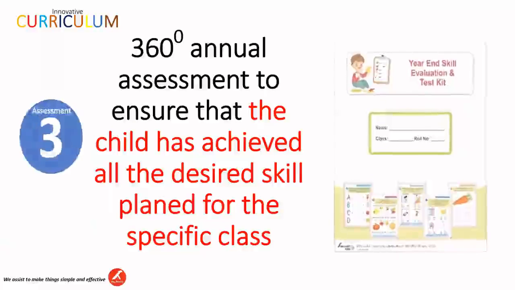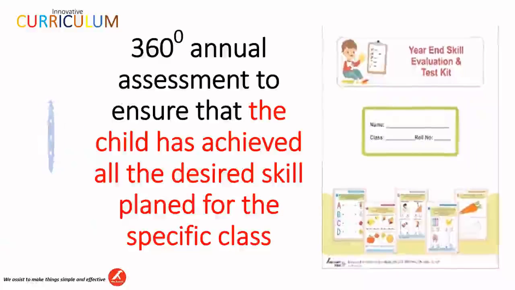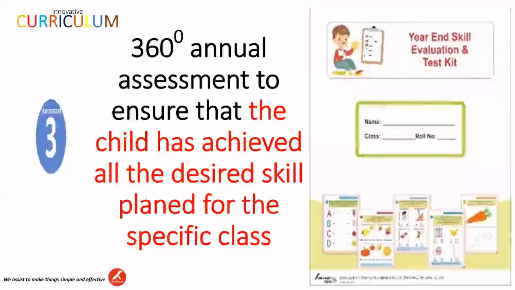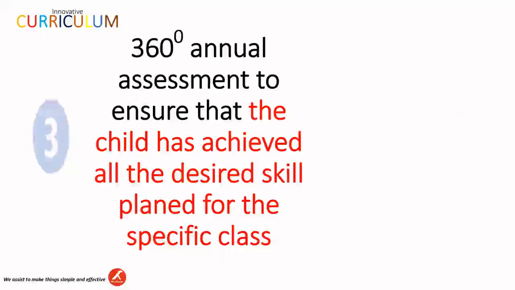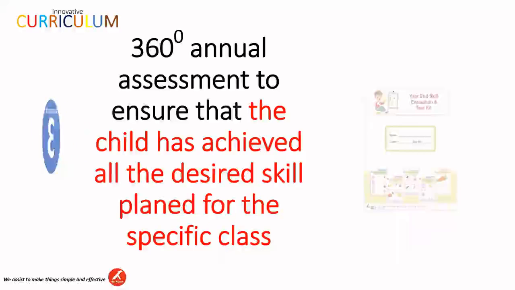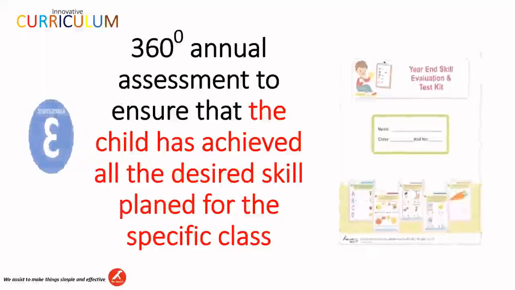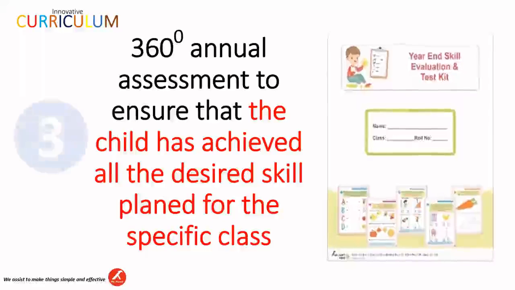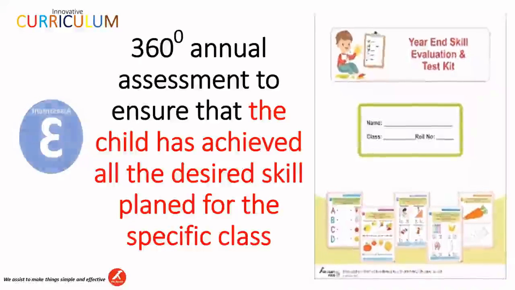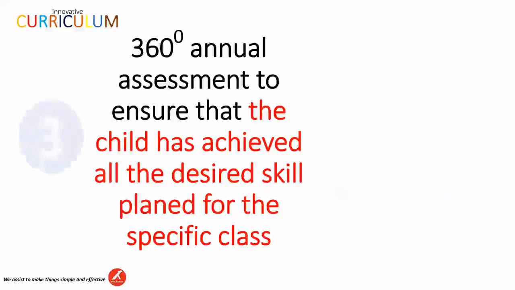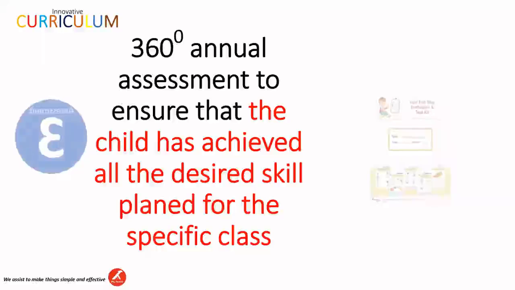For that, we have a 360-degree annual assessment to ensure that the specific skills have been achieved. Details of this assessment process we'll talk about separately, maybe going further. But from the perspective of skill assessment needs, this is very important to understand. At the end of this session, we must have something available to the parents showing to what extent the skills have been achieved.